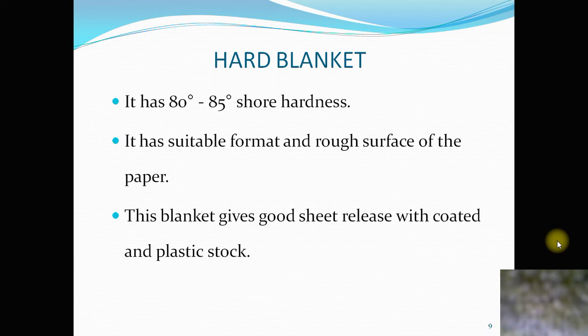The main characteristics a blanket should have: one is the sheet releasing characteristic. The second one is good reproduction of halftone dots, and then transfer of ink properly to the substrate, from plate to blanket and blanket to substrate.